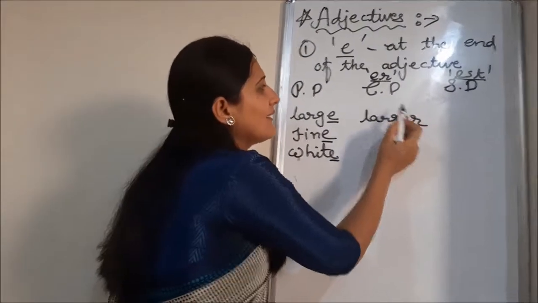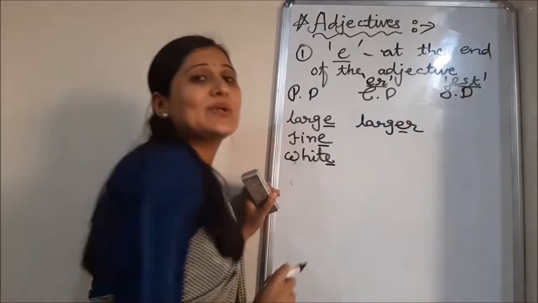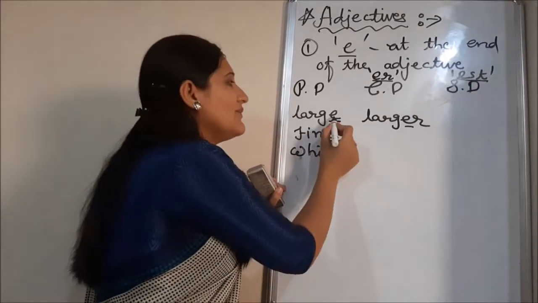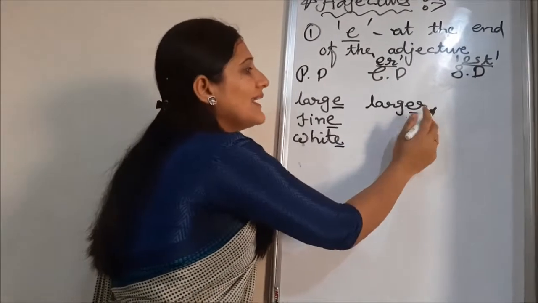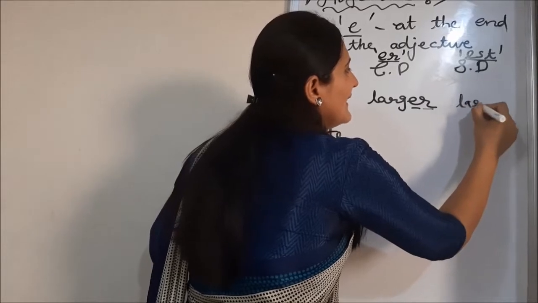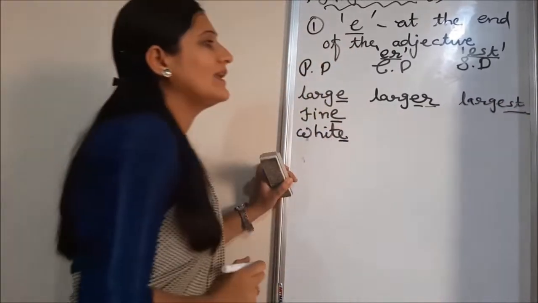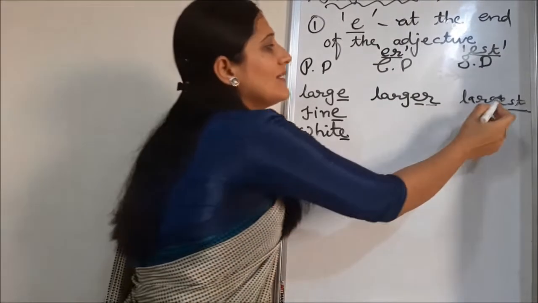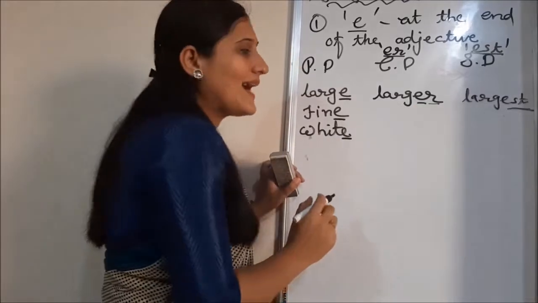So see, as I told you, ER you need to add in comparative and EST in superlative. But if E itself is last, then we will add only R, and here we will add only ST. So E is given, so we will add ST. If here E is given, so we will add only R, right?